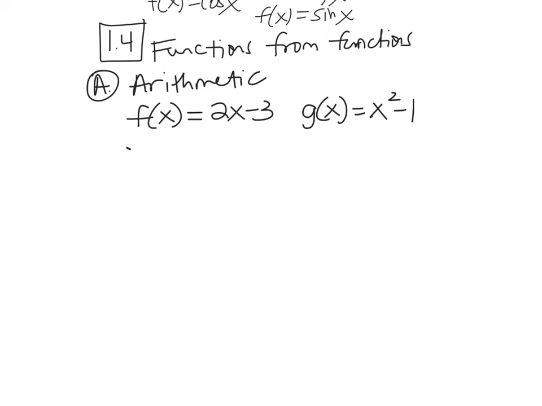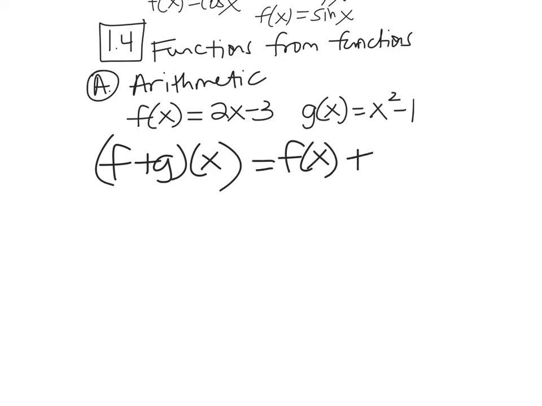So I'm going to take f plus g of x. And when it's written that way, it's really confusing. It's like I'm taking f and g and adding it together and applying the x later. No. What all this means is to take f of x, the function, and add it to the other function next to it, g of x. So f of x plus g of x.